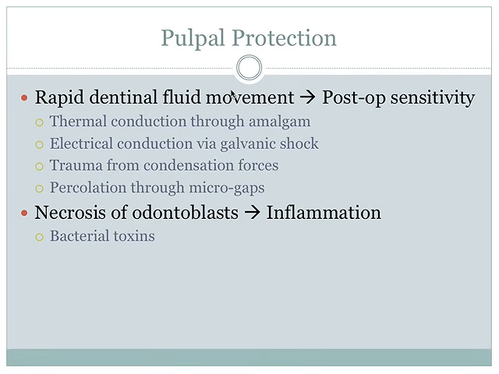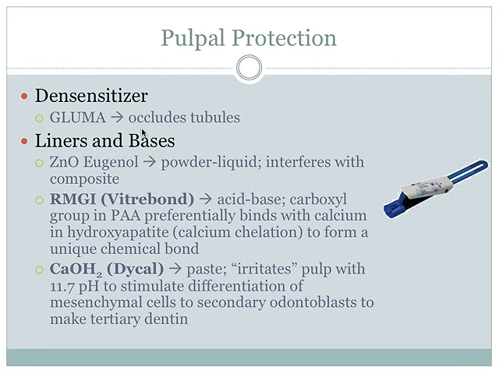And so rapid dentinal fluid movement is currently the understood theory for why a tooth may hurt during processes like thermal conduction, electrical conduction. So we want to block these tubules. We can use like a Gluma desensitizer, like we mentioned before, which basically plugs these tubules so you're not getting that rapid dentinal fluid movement.